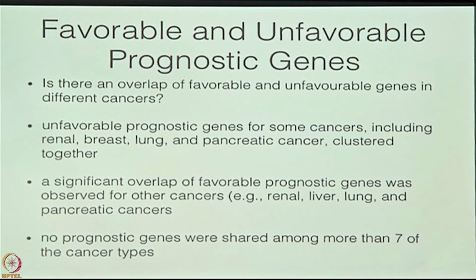Favorable prognostic genes were seen in liver and lung, with an overlap of those genes. And finally, no prognostic genes were shared in more than 7 of the cancers, which we thought was significant, because we didn't get it across the board saying favorable and unfavorable for everything.